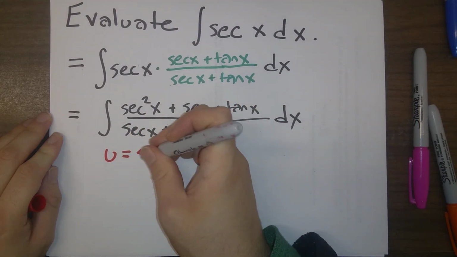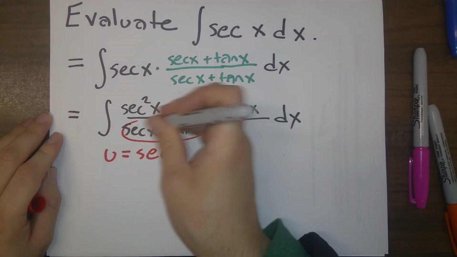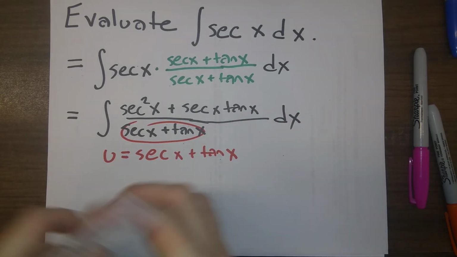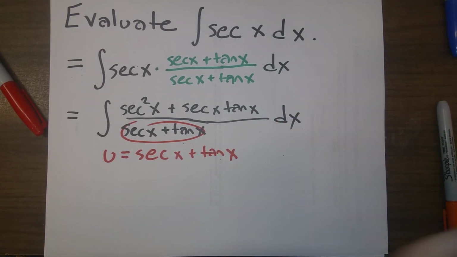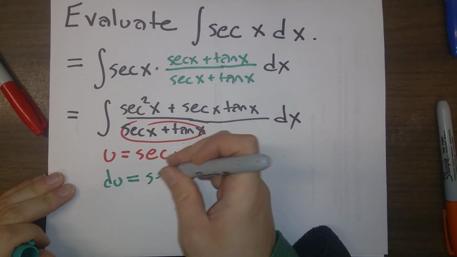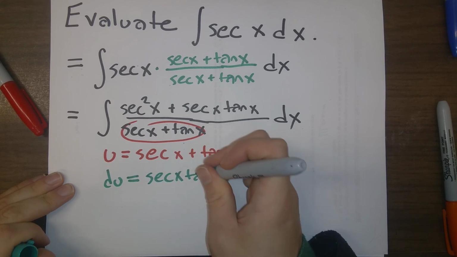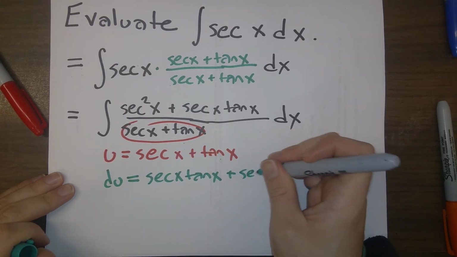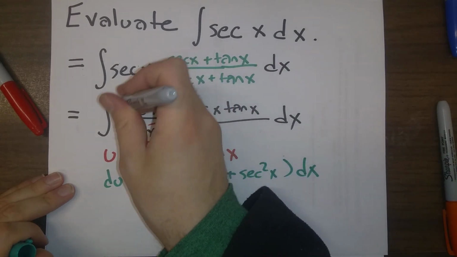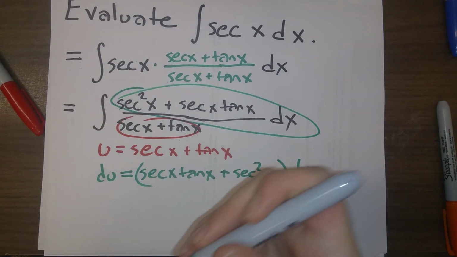If u is equal to secant x plus tangent x, then du is secant x tangent x plus secant squared x, all of that dx. And that's right there.